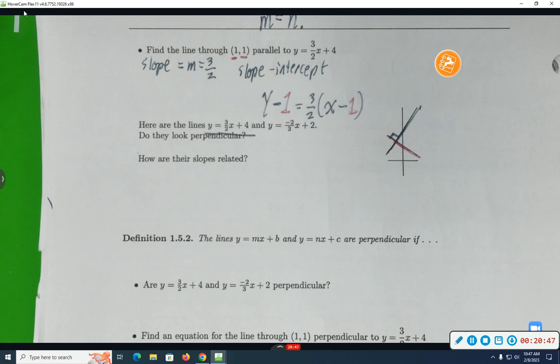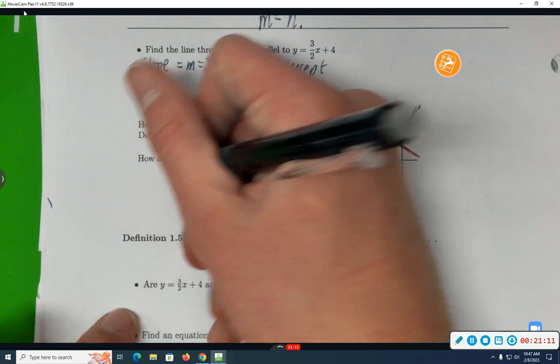If we were to have to describe how a line was perpendicular, like on a homework assignment, would it be enough to say that the slopes are opposite reciprocals and then explain why they are? Yeah, in fact, at this stage, that would be good. Okay. I'm going to write that right here.